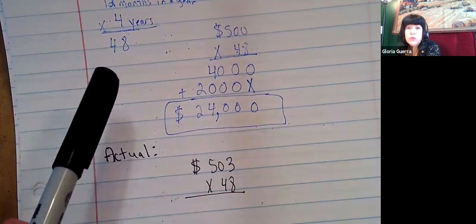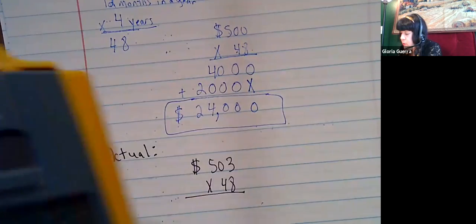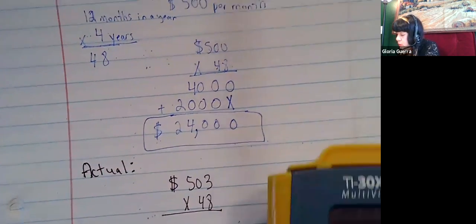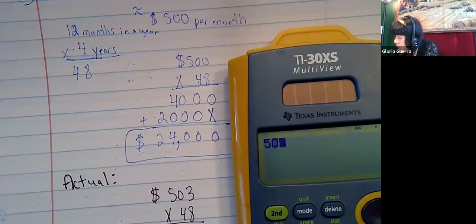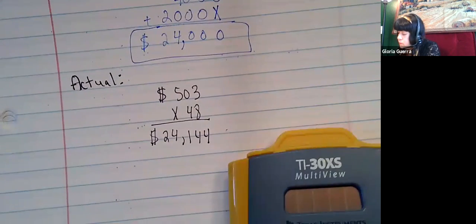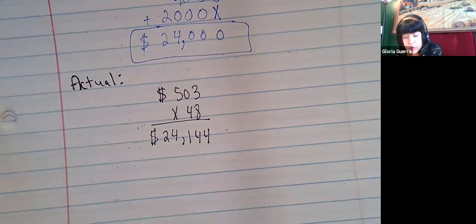You don't need to show 12 times 4, you already did that up here. You showed your work. So then you just take 503 times 48, and that's going to give you $24,144. And then there's a third part. It says, how reasonable is your estimate?